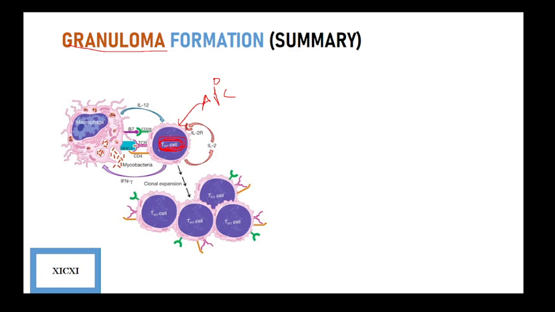So here, what will happen? This helper T cell will secrete what we call interferon gamma. This interferon gamma will recruit monocytes from the bloodstream. When these monocytes reach the tissue, they will become macrophages. There will then be serial changes where macrophages become epithelioid cells and then giant cells.